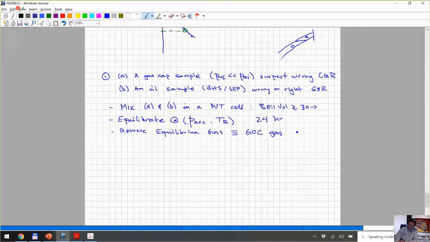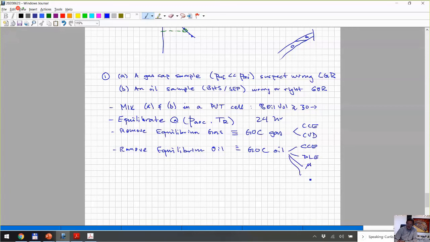And you do your typical CCE of that sample, CVD, and then we remove the equilibrium oil. Basically say that's equal to our GOC oil, and then again do a CCE and a DLE, viscosity, separator test.